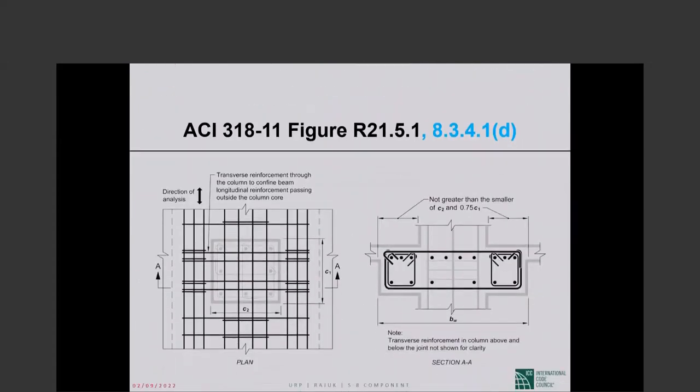Now, this is a very important point. The next thing that I'm going to say: flat plate column frames, where there are no beams, the slab itself acts as beam.